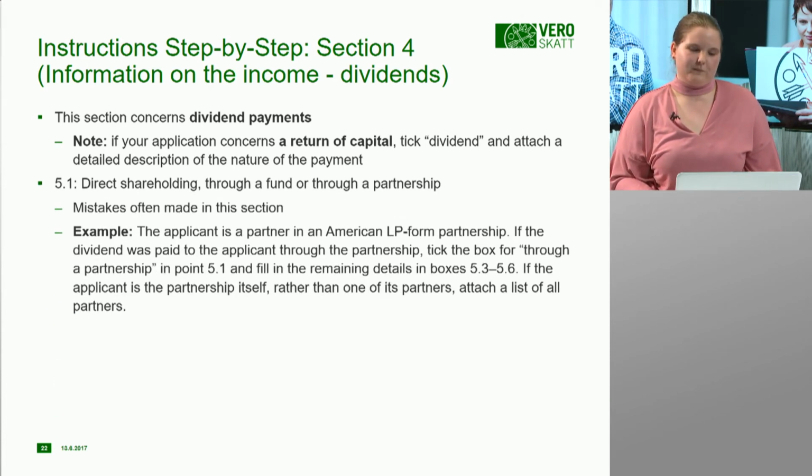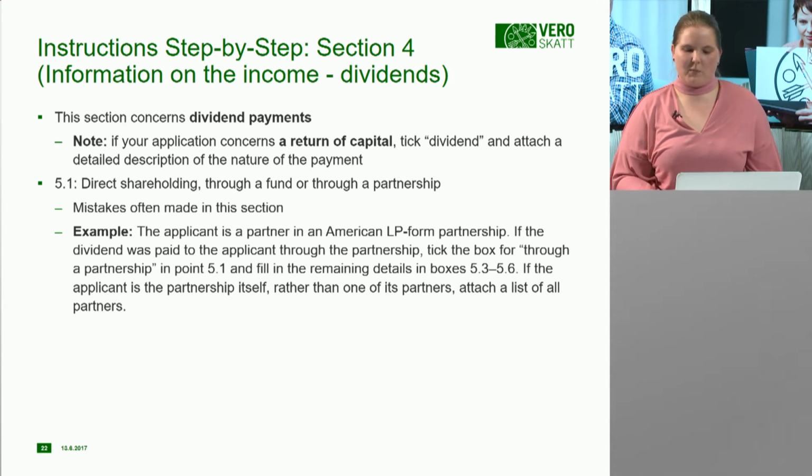Now, 5.1. We've seen some mistakes in this field as well. Whether the applicant received the dividends through direct shareholding, through a fund, or through a partnership. We have an example here just to give you an idea of what we're looking for.